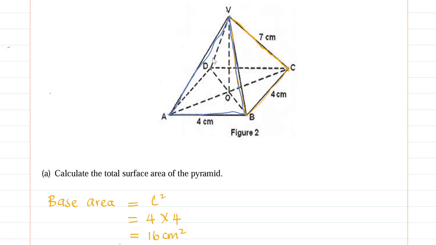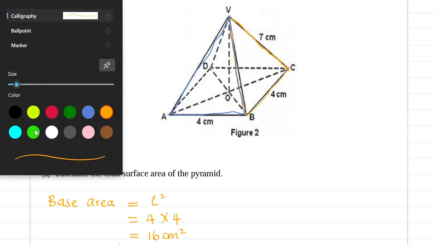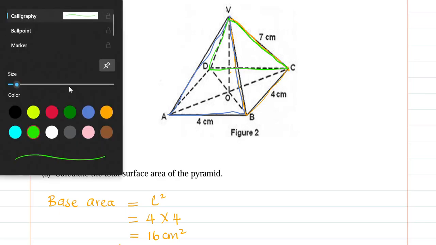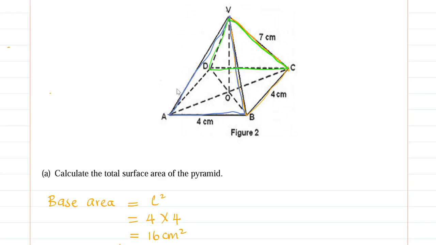I've highlighted the boundaries in blue. And then the other slanting surface is going to be V, and then we go to D behind, and then we come to C and back to V. So there is a slanting surface which is V, D, C, and back to V. And now the last slanting surface is V, it goes to A, it goes to D, and then back to V. One thing that you must keep in your mind is these slanting surfaces share boundaries.